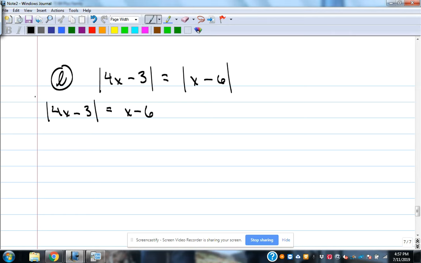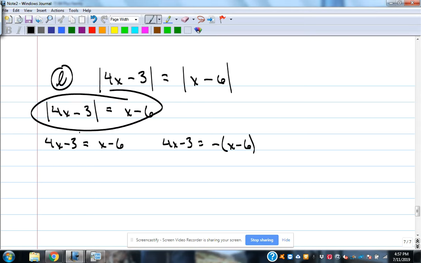If this is my first equation that I'm going to work, then I can set up 4x minus 3 is equal to x minus 6. And then 4x minus 3 is equal to the negative of that whole side, so negative (x minus 6). Put it in parentheses. So we're taking this equation and splitting it into these two things.